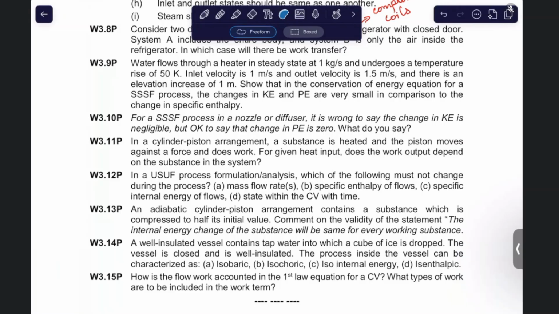So here they're asking, for a given heat input, if we are changing the substance, will the work output change? Yes, because as we have seen, the expansion is what is causing this work to happen, or the force is provided by this expansion only. If the material is changing, it will have different specific heat, or the process path will be different, or phase behavior will be different.